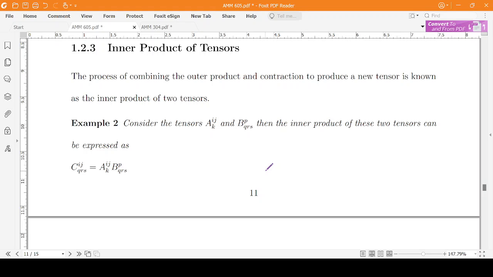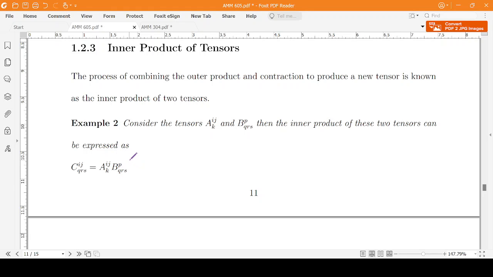So consider, for example, two tensors Aijk and Bpqrs. Then the inner product of these tensors can be expressed as Cijqrs, which is the process whereby we combine the contraction.